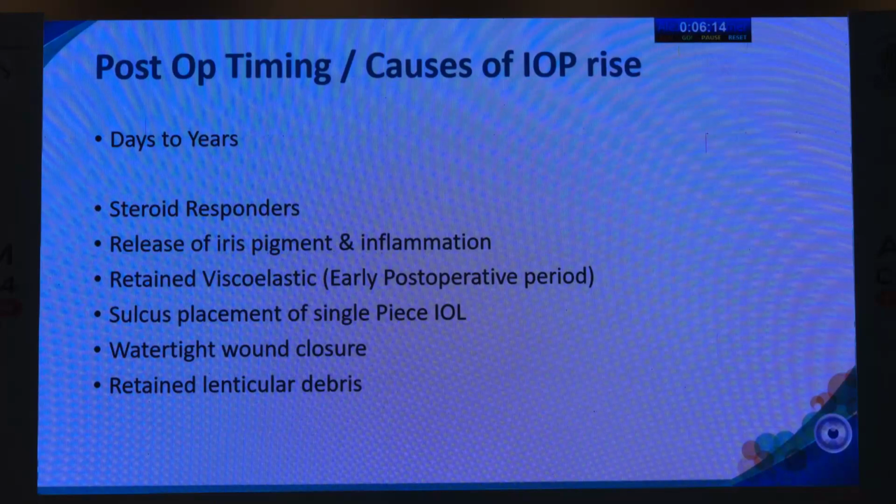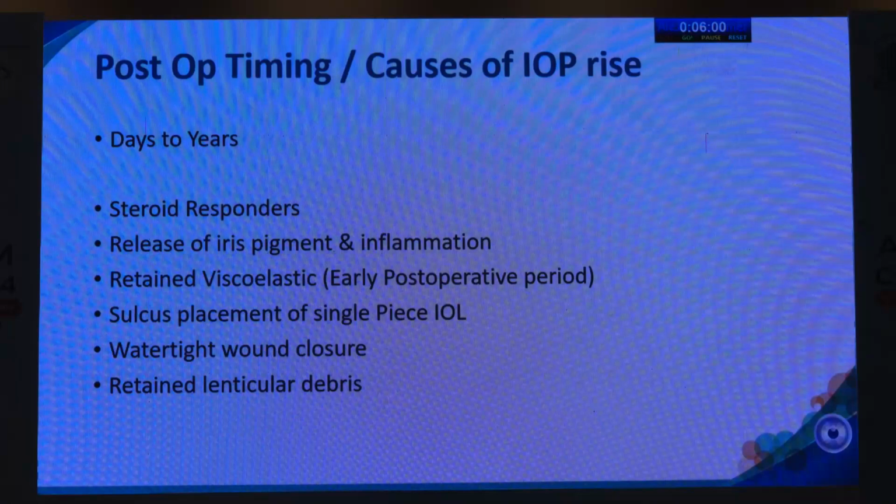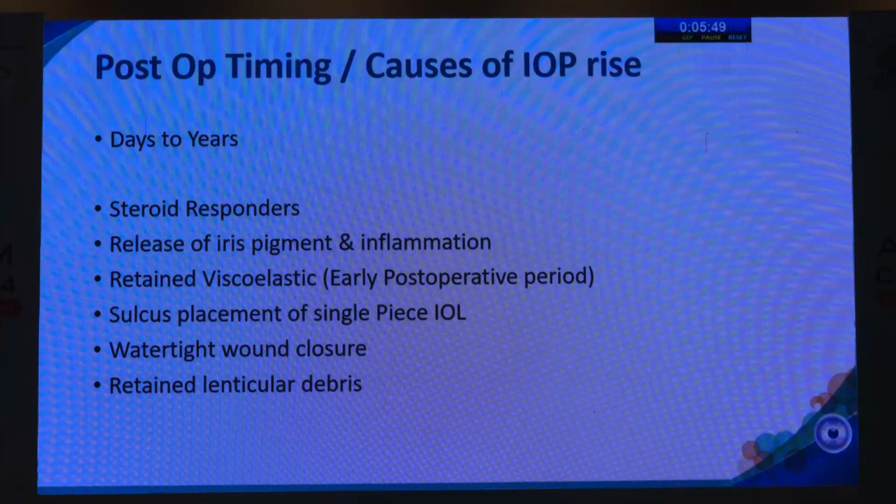In terms of post-operative timing, the causes of IOP rise can range from days to even years. What are the possibilities? Steroid responders, release of iris pigment and inflammation, retained viscoelastic in the early postoperative period, sulcus placement of a single piece IOL, watertight wound closure, and retained intraocular debris.